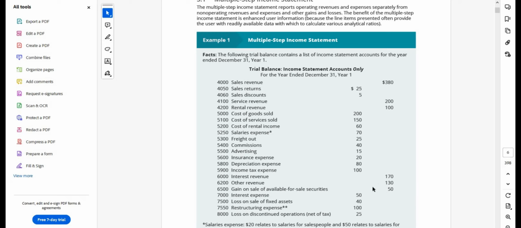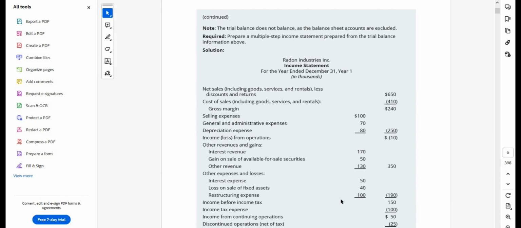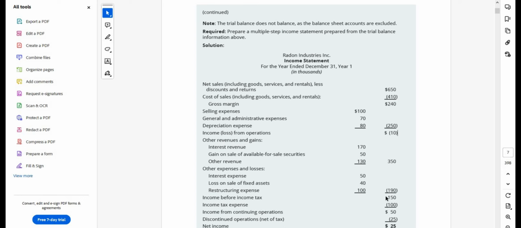Then we will deduct other expenses, interest expense, then loss on sale of fixed asset, then restructuring expense 100. We are getting 190. So income before income tax stands to 150. This is minus 10 plus 350 minus 190 stands to 150.